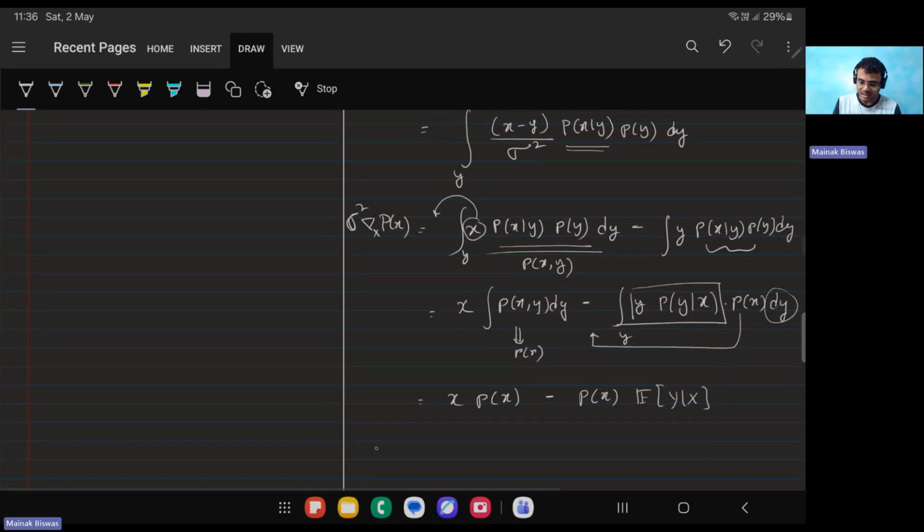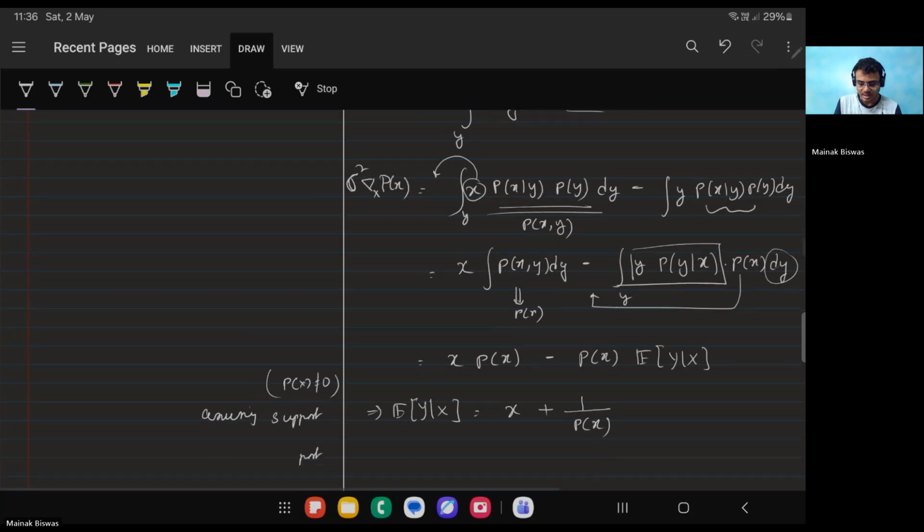So what we end up writing is the expected value of y given x is x. So I just divide by p of x throughout, 1 by p of x, assuming p of x is not equal to 0, assuming support everywhere.